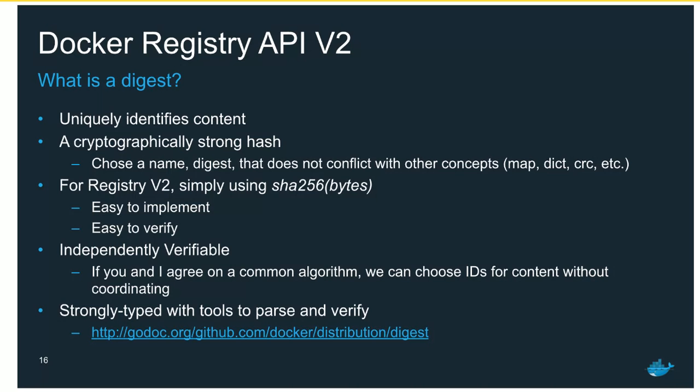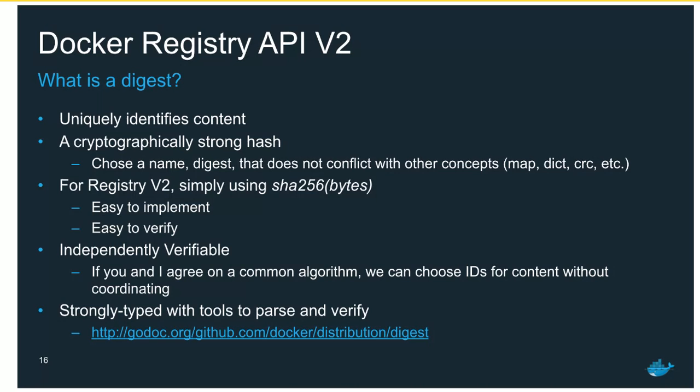So implementing a client doesn't require a wildly complex hashing algorithm that might not be available in certain client languages. As I stated before in the goals, it's independently verifiable. If you and I agree on a common algorithm, we can choose IDs for content without coordinating other than choosing the algorithm.